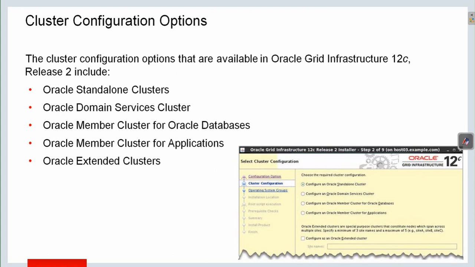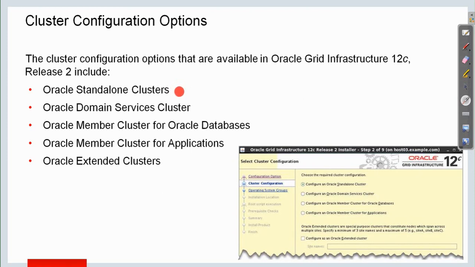Oracle Standalone Cluster is different from Oracle Standard Cluster that was in 12.1. Starting with 12.2, all Oracle clusters are flex mode. So Oracle Standalone Cluster is also a flex cluster. So at this point, you can think about it this way. This one is to create a flex cluster. But there are small changes compared to 12.1.